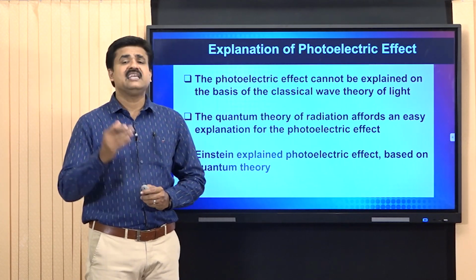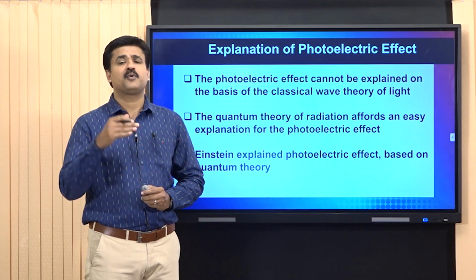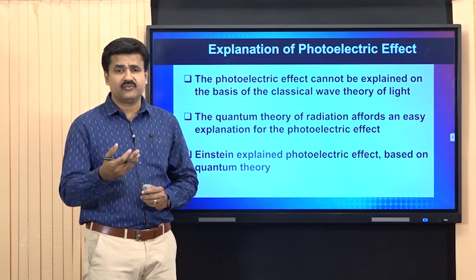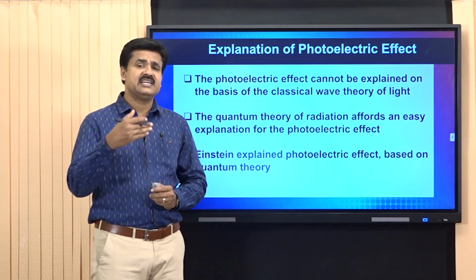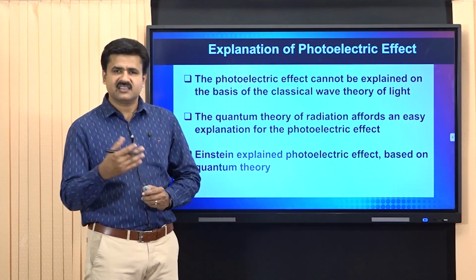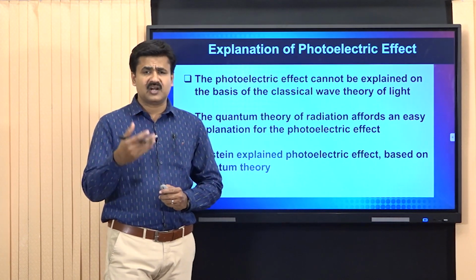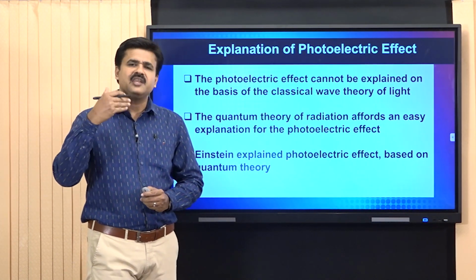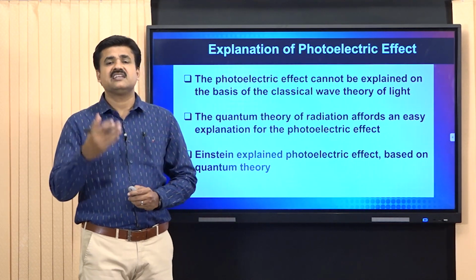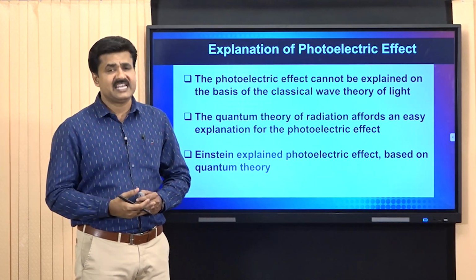Max Planck, in his quantum theory, provided an idea of quantization of energy, that we already discussed in the first section. Max Planck's quantum theory is an implication of an important phenomenon, that is nothing but quantization of energy.